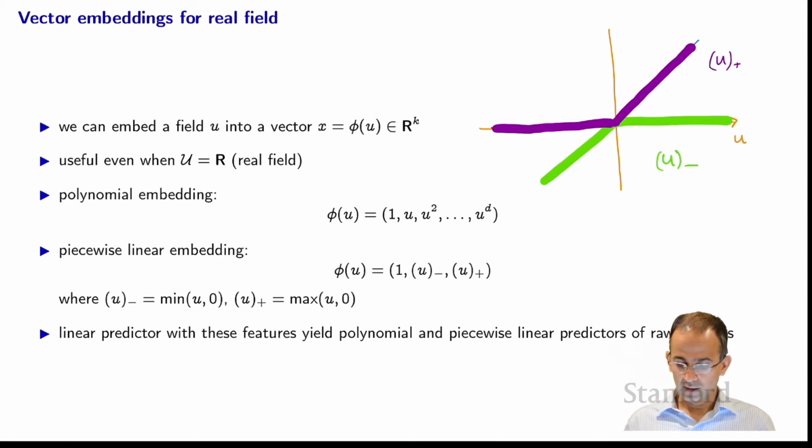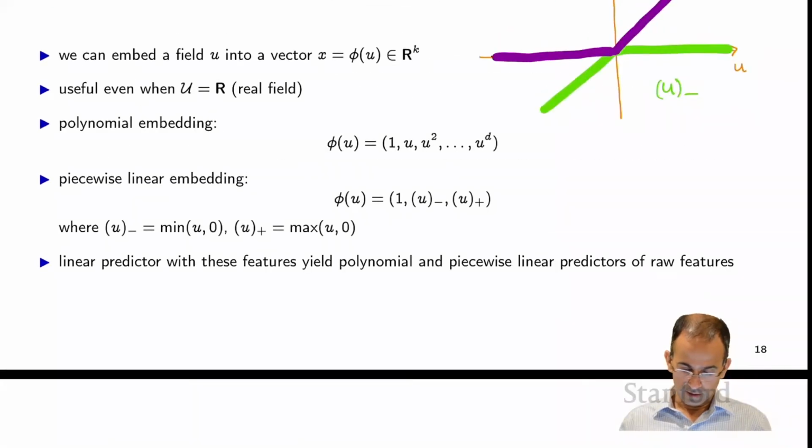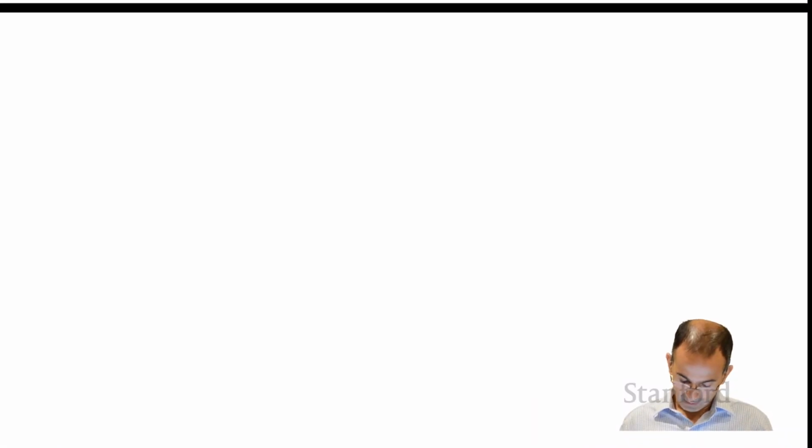So I've got two functions. We think about u plus as being the positive part of u, and u minus as being the negative part of u. Now what that means, if I'm going to construct a linear predictor with these two features, well, let's write that down. So I'm going to have a linear predictor, which is a function of these two features.